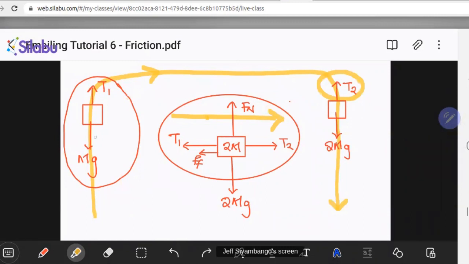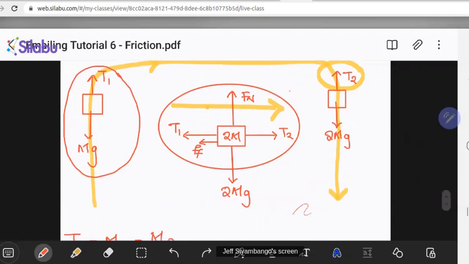Even if I was treating them separately here, I still made sure that the influence on my positive was the same for all the objects, or all the parts. In other words, T2 will have to be negative because it's opposite to my yellow line. When I sum forces for block 3, the 2mg will be the positive one because it is in the same direction as my yellow line. So this is what will be equal to ma.